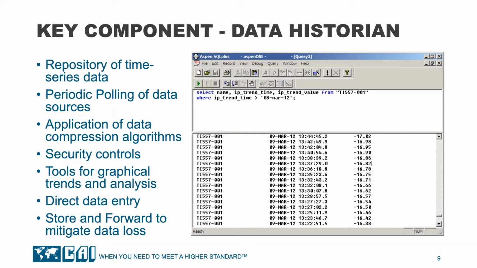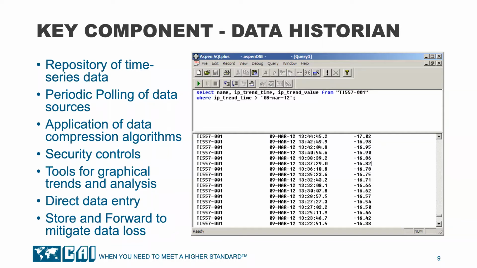In the example on this slide, we are looking at values and timestamps for tag TI557-001. This tag represents a temperature sensor. It looks like the equipment that this temperature sensor is tied to is slowly heating.